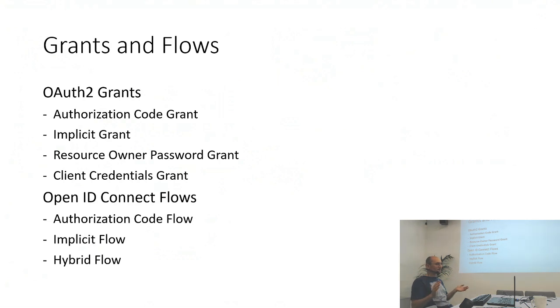I would use flow, but when you see the pure OAuth standard, you will probably see grant, so don't be confused there. So there are these types of grants and these types of flows in the standard. And if you go to the standard, it will tell you if you use the authorization code grant, you use this link, you connect to that redirect link, it has these options. You use these options, and then you get back the token, and then you have to do these things with the token. And depending on the application, the steps are slightly different.